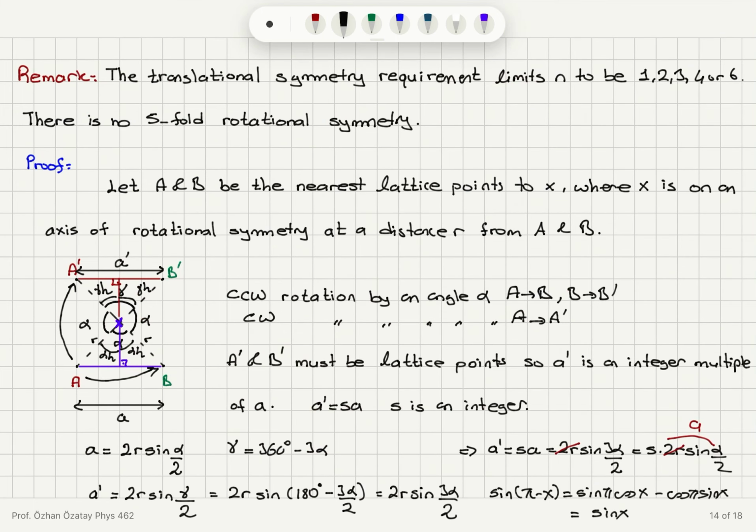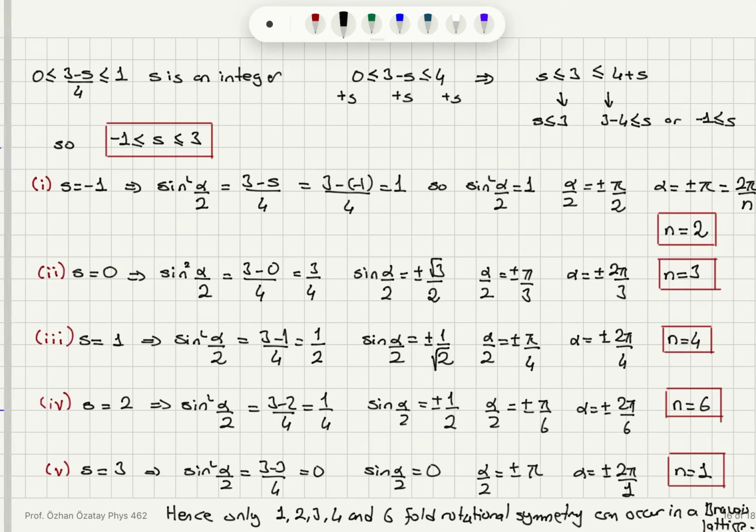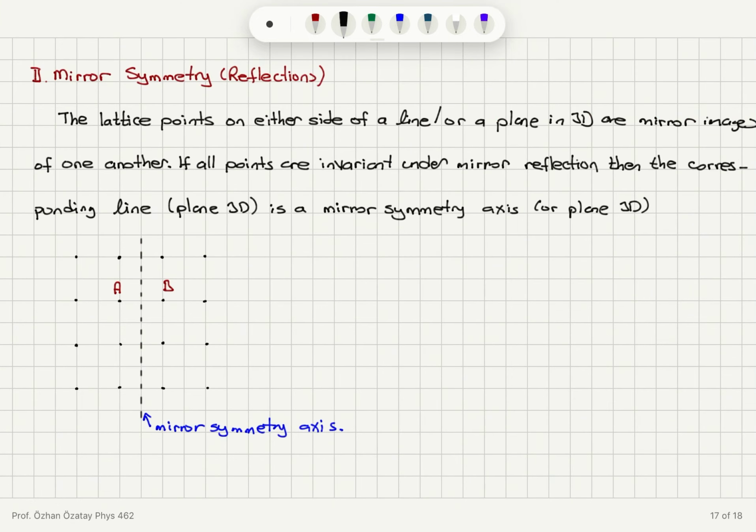Okay. The translational symmetry requirement limits n to be 1, 2, 3, 4, or 6, and we have proven that a 5-fold rotational symmetry is not possible for a Bravais lattice. And finally, for the reflections, we have a mirror symmetry axis in 2D or a mirror symmetry plane in 3D.